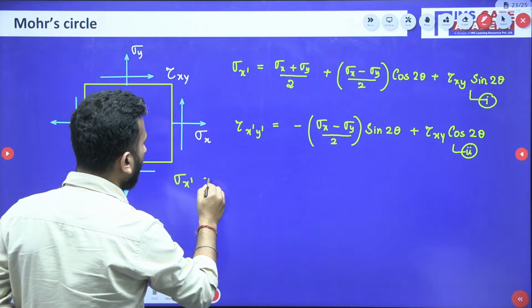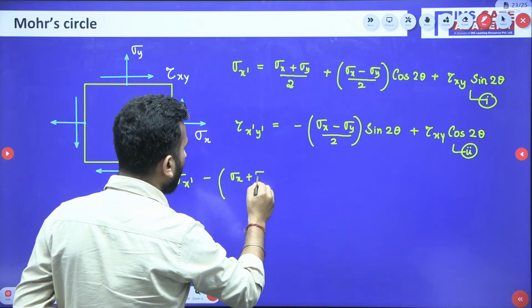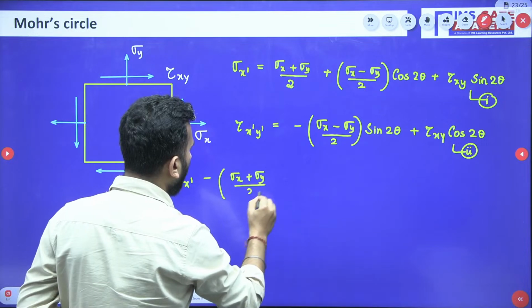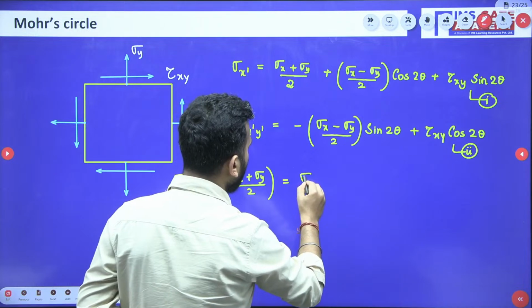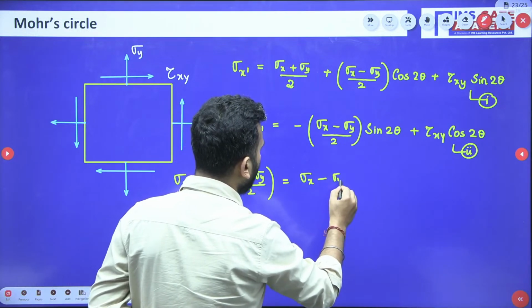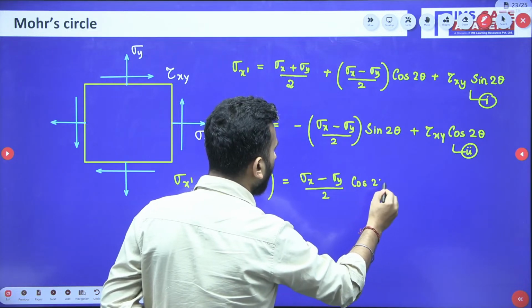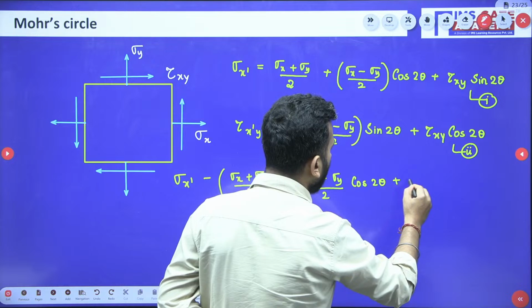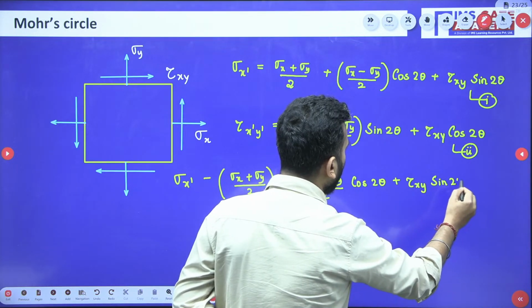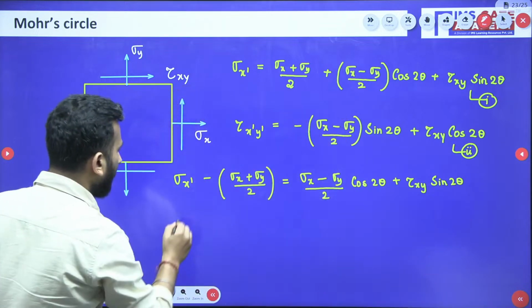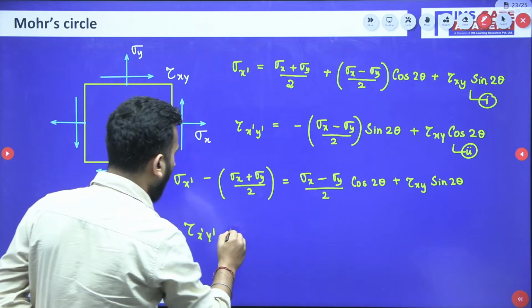Sigma x dash minus (sigma x plus sigma y) by 2 is equal to, plus sin 2 theta, and then already this is there, tau x dash y dash is equal to.